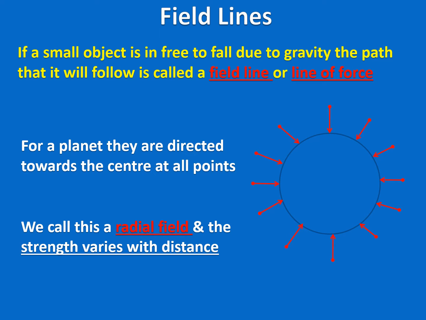Inverse square laws come up quite a lot in physics, so you'll see it in electric fields as well, and for radiation as well. For gamma radiation, there's a required practical where you investigate gamma radiation and look at the inverse square law relationship.